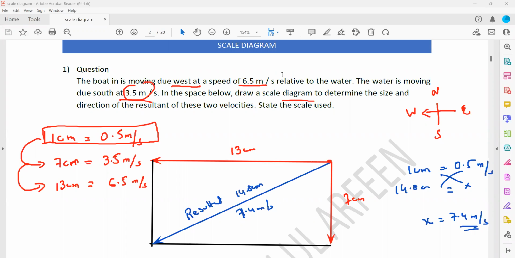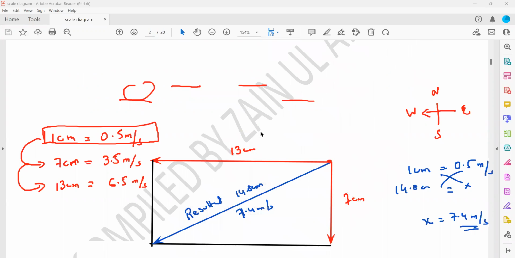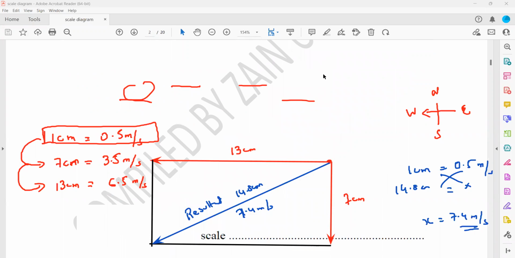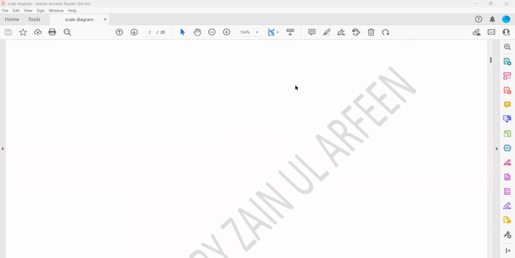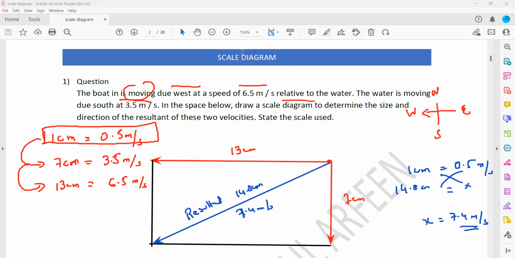And then the next part, normally they ask for direction. So: scale, size of the resultant, direction. Direction means the angle. You can measure the angle from the point where we started.